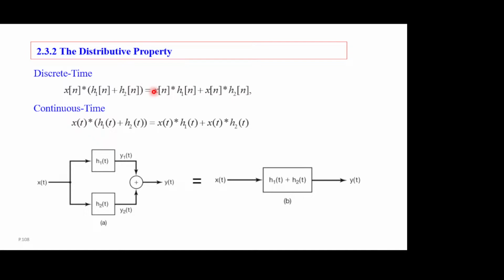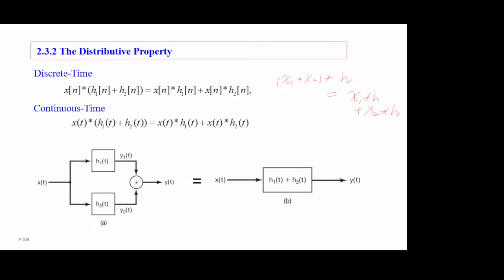Because our system is linear, x1 plus x2 convolved with h should equal x1 convolved with h plus x2 convolved with h.